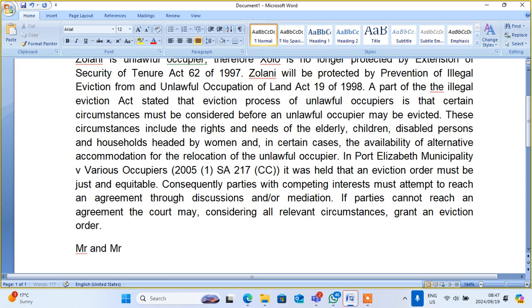and Mrs. Williams are lawful occupiers. Therefore, if they are lawful occupiers, it is since they have a valid lease.